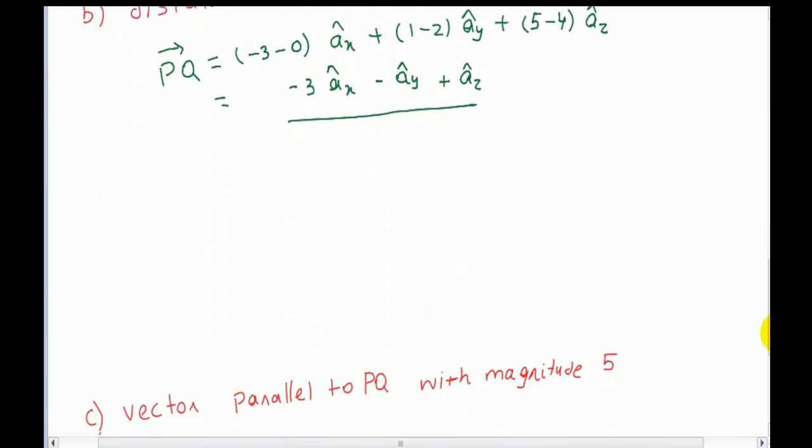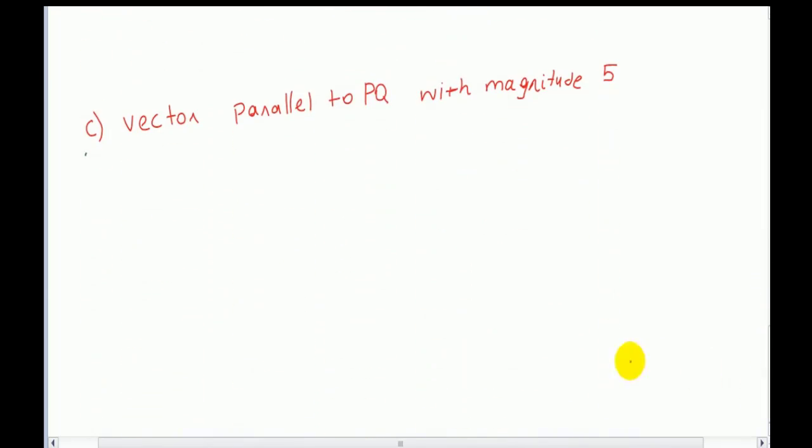Now there is one more part: a vector parallel to PQ with magnitude 5. First I will write what the PQ vector was. PQ vector was -3 ax cap minus ay cap plus az cap.